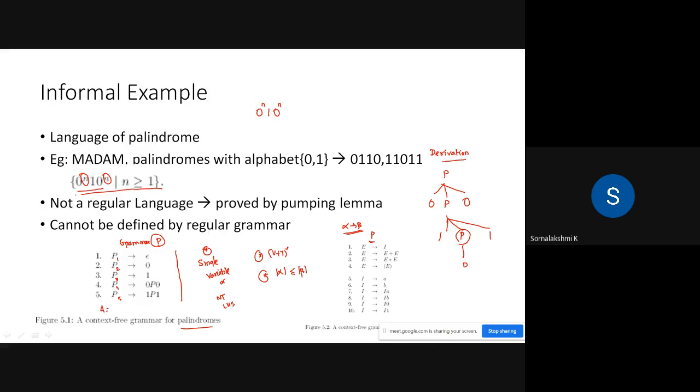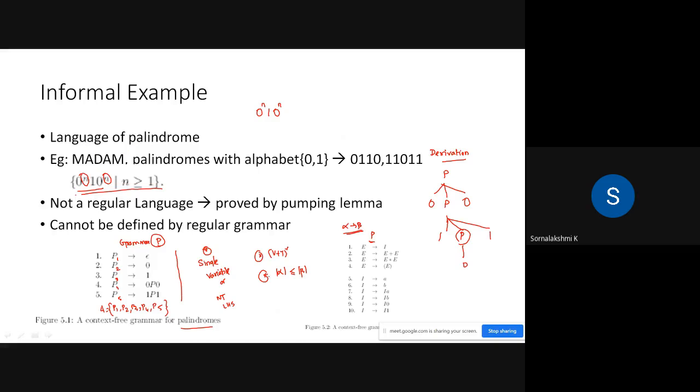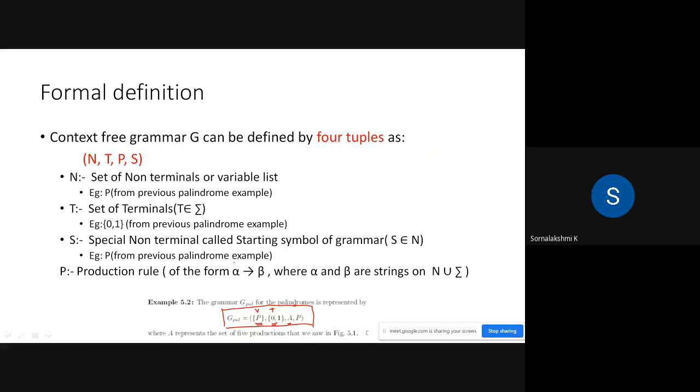And P is the starting symbol; I have to start with P. Epsilon is an acceptable palindrome. A single 0 is an acceptable palindrome. That is why I have separate rules for epsilon, 0, and 1. A single 1 is also an acceptable palindrome. Then I have patterns. So this is a formal definition of grammar for palindrome.